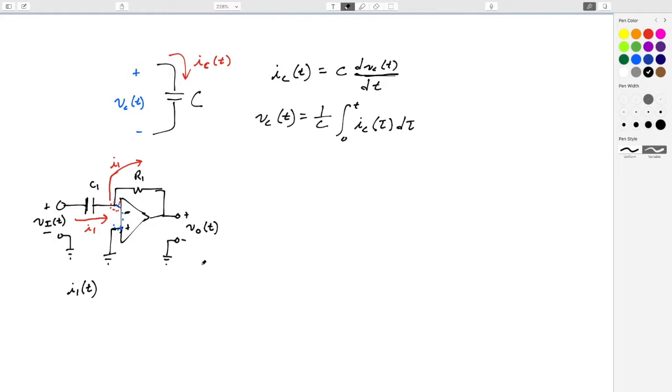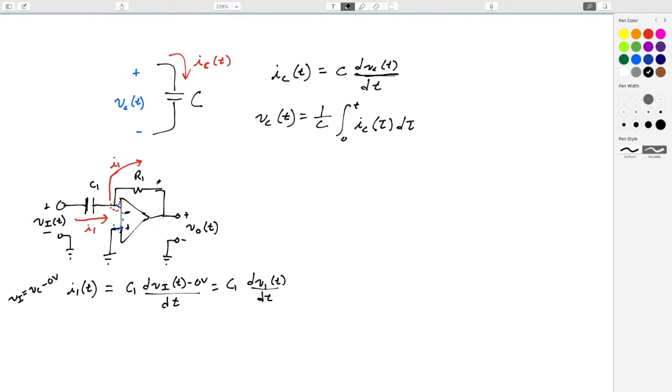These are all functions of time. So we could say I1 equals C1 d(Vi(t) minus 0 volts)/dt. The derivative of 0 with respect to time is 0, so really this is just C1 dVi(t)/dt.